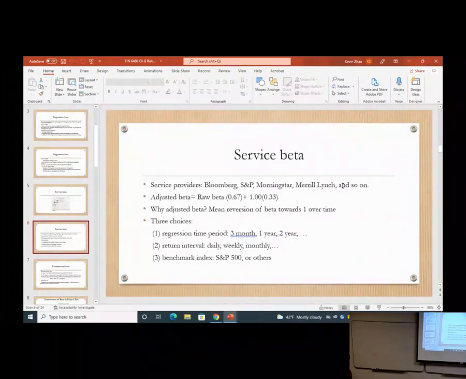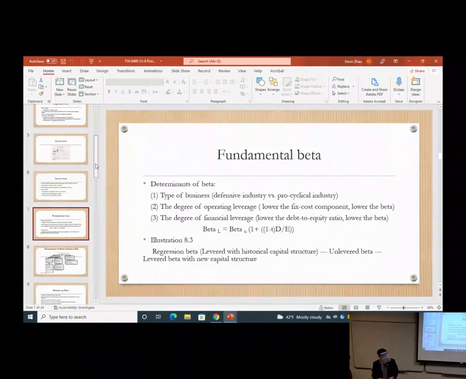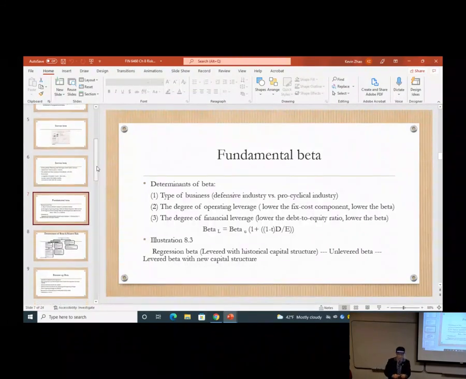If your raw beta is greater than 1, then your service beta is going to be lower than that number. So it's kind of a downward adjustment considering this mean reversion nature of beta.